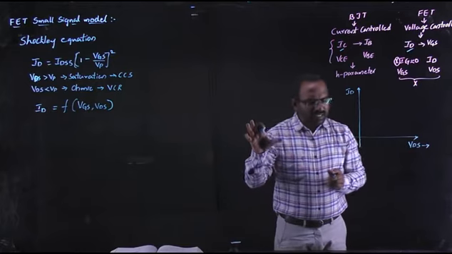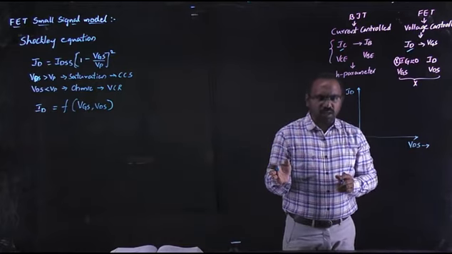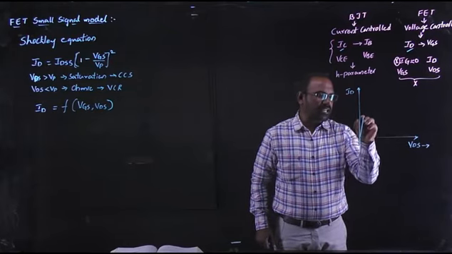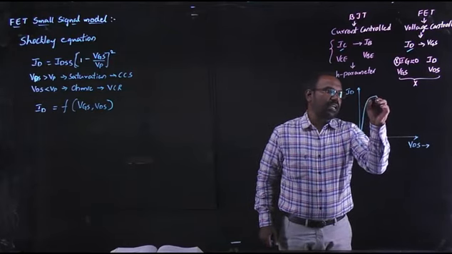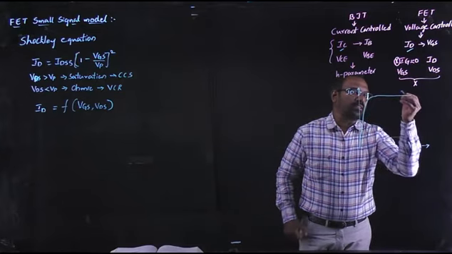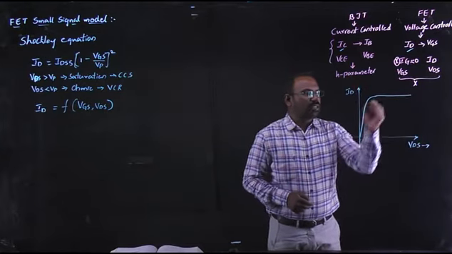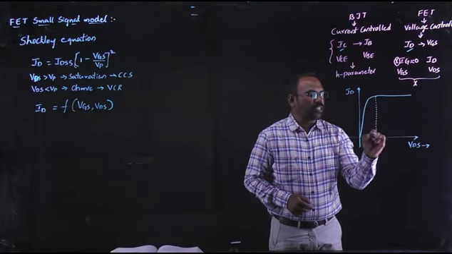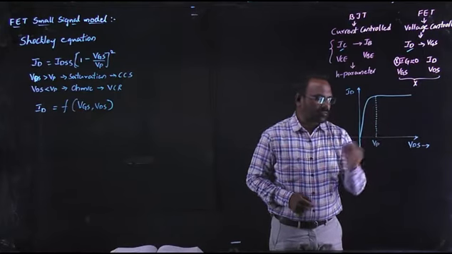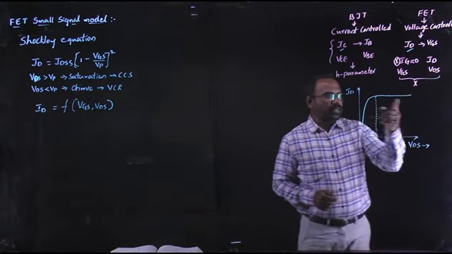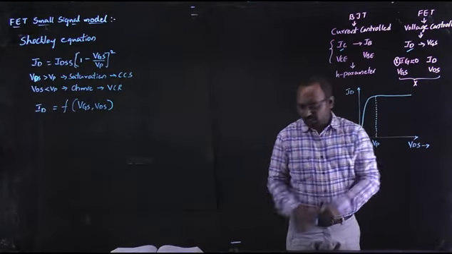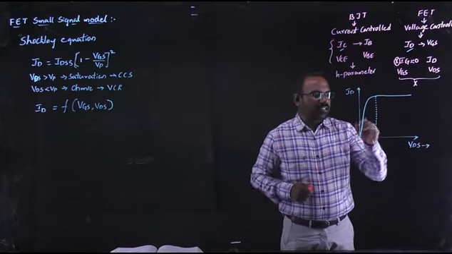When the gate to source voltage is 0 and you increase VDS, the current ID increases like this, and after that it will be constant like this. The output voltage VDS at which the current becomes constant is called the pinch off voltage.